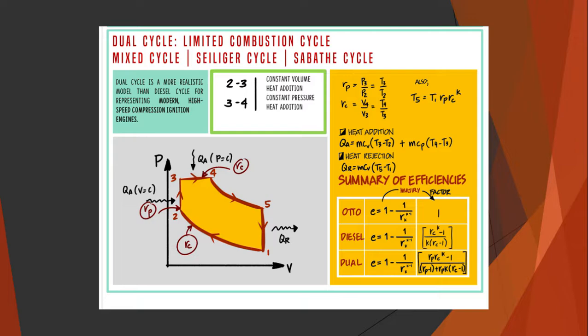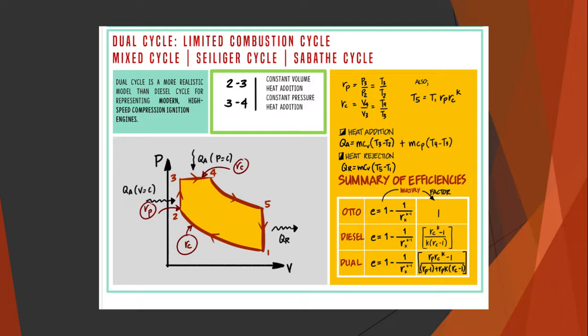Therefore, the heat added and rejected are given by Q add 1 is equal to MCv multiplied by T3 minus T2. Tapos yung Q add 2 is equal to MCp multiplied by T4 minus T3. Tapos yung Q out pala is MCv multiplied by T5 minus T1.